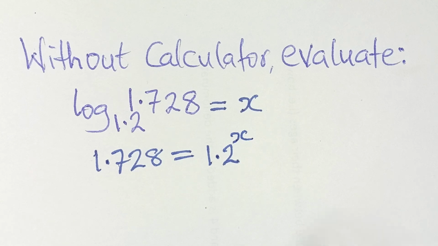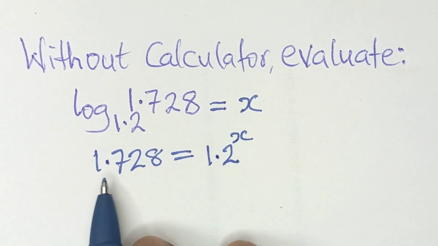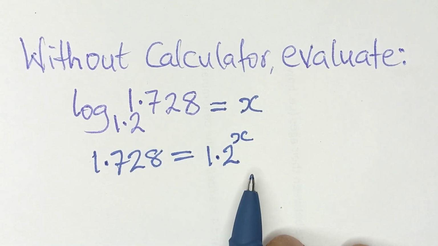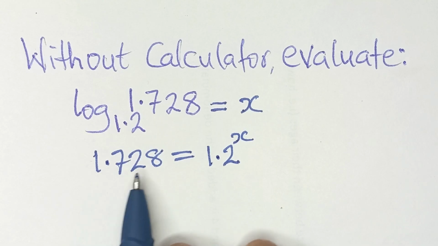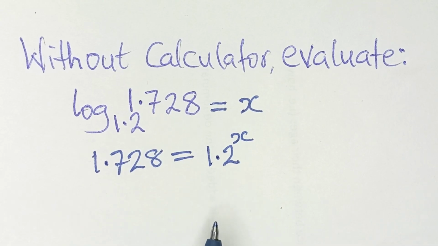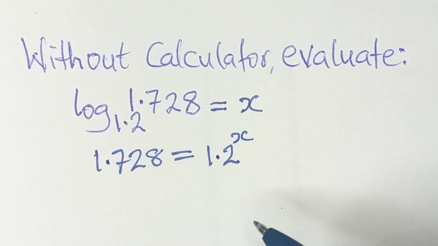So now that we have expressed this logarithm in index form like this, the next thing for us is to see how we can express these values in fractions, which is what will be easier for us to simplify.